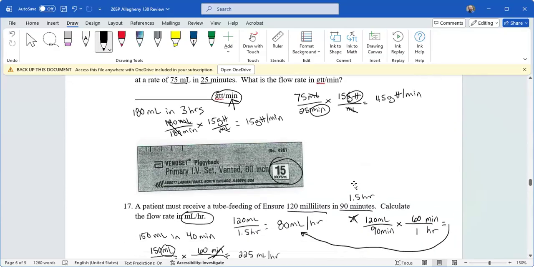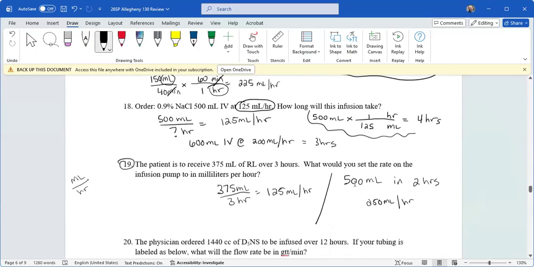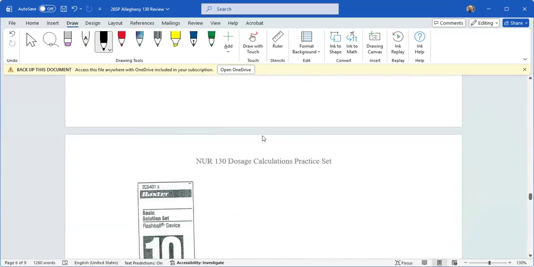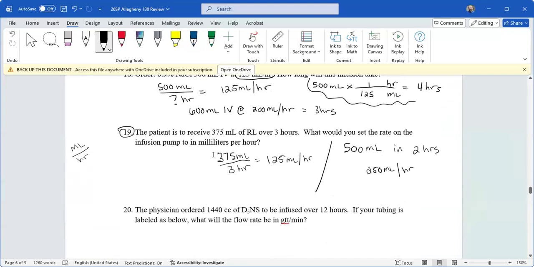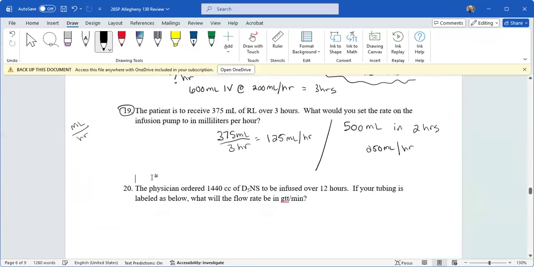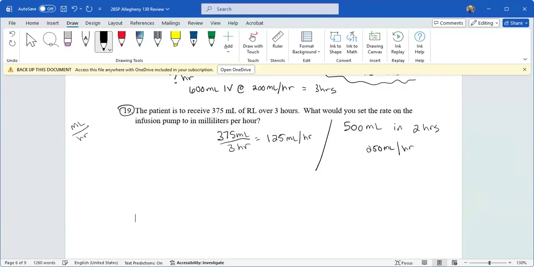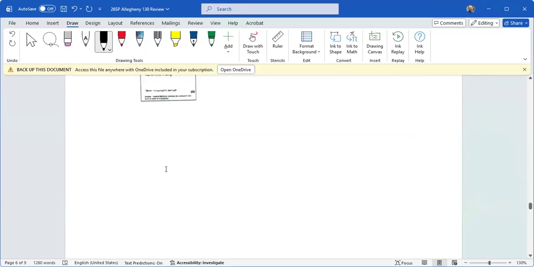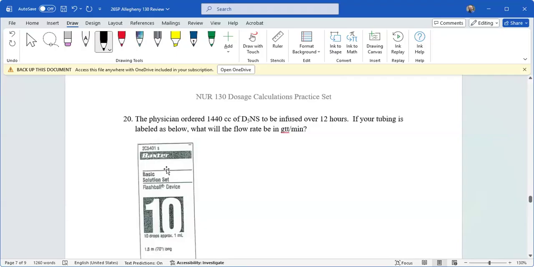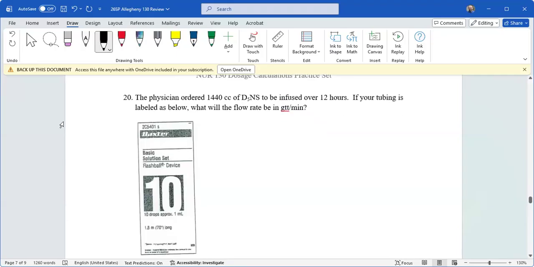Let's look at another drop rate question. I have one right here. Oops, sorry. I'm going to bring this down to the next screen because I need you to be able to see the drop rate. So I think you're starting to see the pattern here. If you don't recall from last semester, CC equals ML, so you treat them the same.